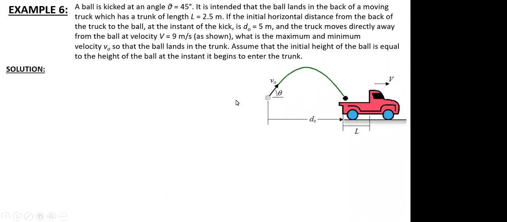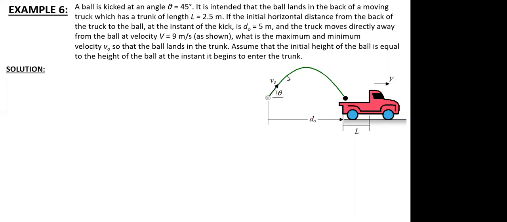Now I have one more approach, an easier one maybe. Now what they define is that when the ball was kicked from this point, it is going to complete the entire projectile, because at the end the statement says to assume that the initial height of the ball is equal to the height of the ball at the instant it begins to enter the truck.